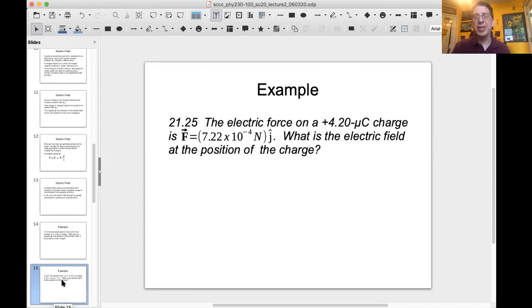So unit vector notation is something that's going to come up quite a bit in this class. We're going to still do quite a bit with vectors in this class, not just with electricity, but even more so with magnetism. You're going to work with vector quantities a lot. So let's set up this problem.